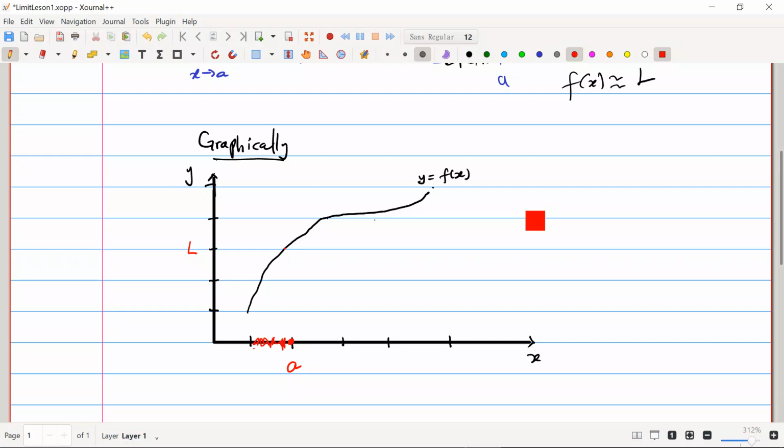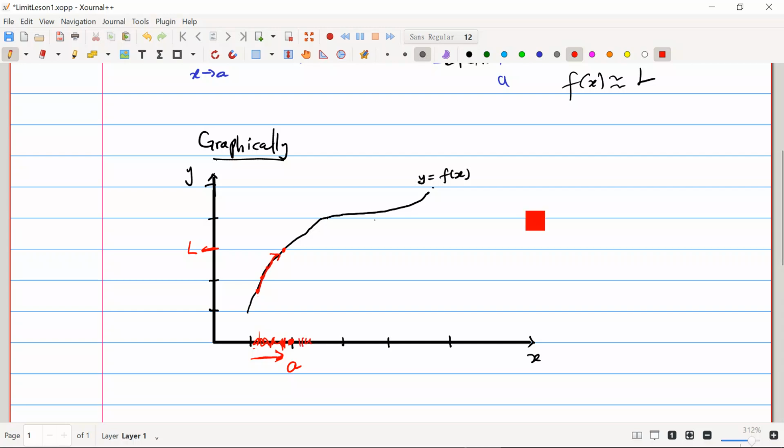As I get closer and closer to a from the left side, the function values get closer to this point. If I'm far away from a on the left side, this is the value. The closer I get, the more the function value approaches this value here, which is L. So as I get closer to a, the function value gets closer and closer to L, from the left side.